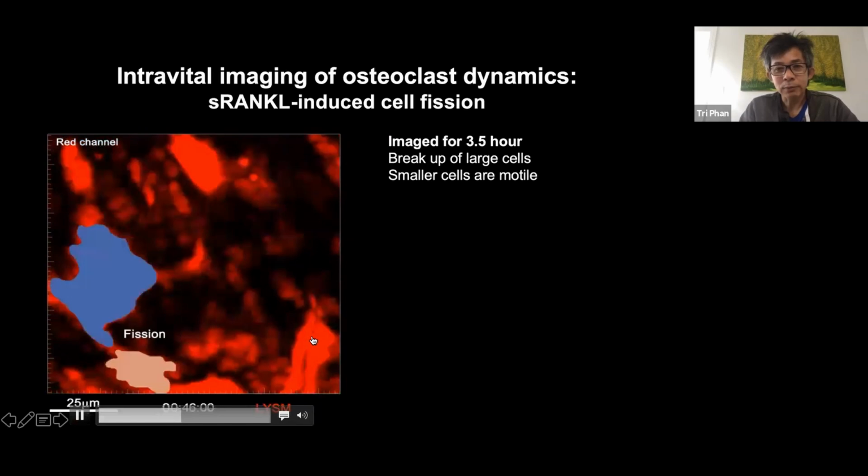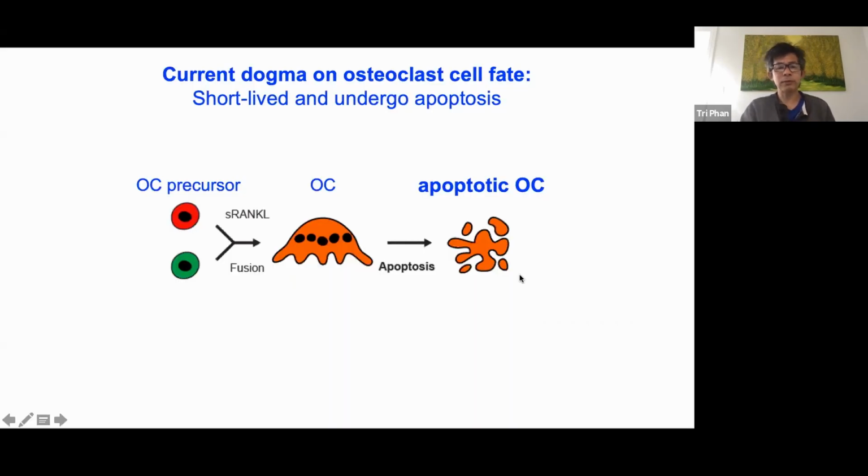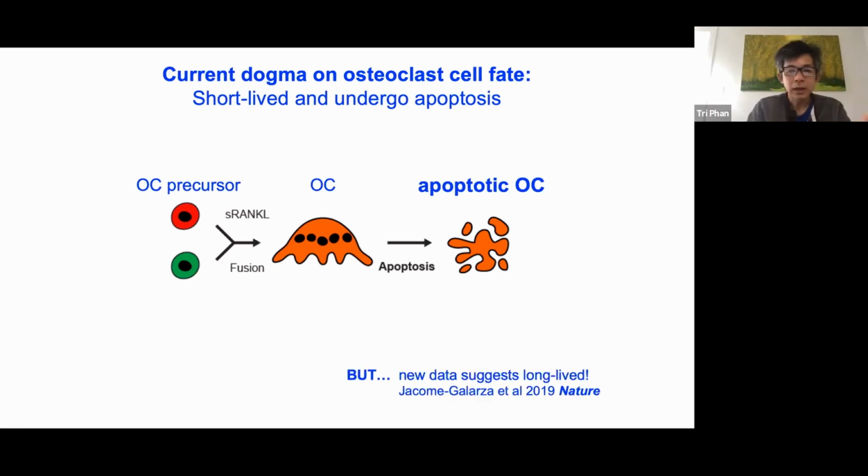Now, of course, I mentioned to you before, the dogma from the in vitro studies was that osteoclasts undergo apoptotic cell death. And so the question arose was actually, is what we're seeing the fission of the osteoclast into smaller cells, or the breakup of the osteoclast into small apoptotic subcellular fragments?